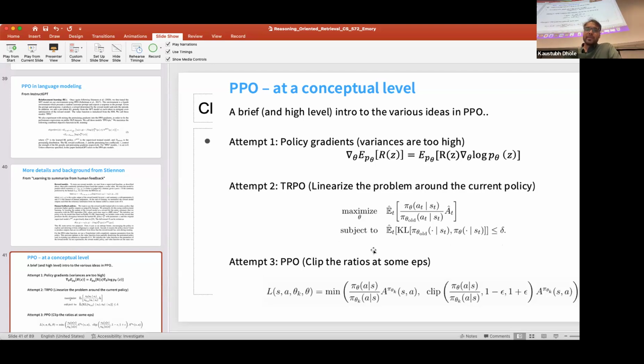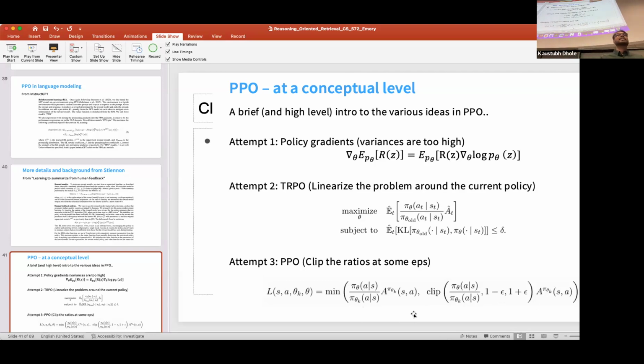Then comes PPO. So PPO essentially takes this KL divergence term and converts it into this clipped fashion. What this says is that our original term, our off to on policy correction with the advantage, should lie between 1 minus epsilon and 1 plus epsilon. So we are not allowing gradient updates to be very large.